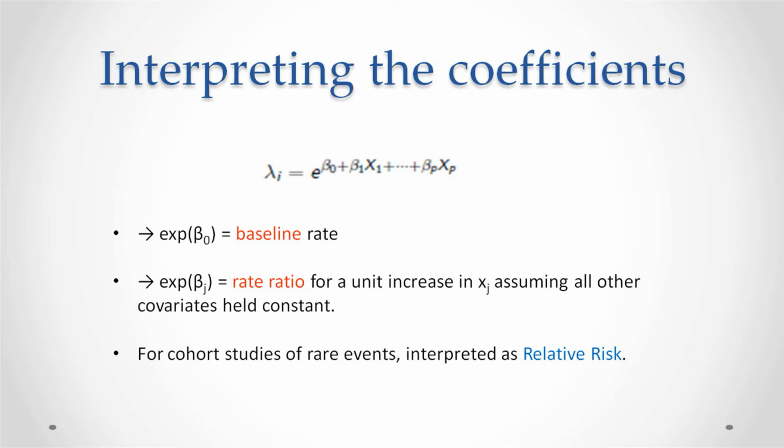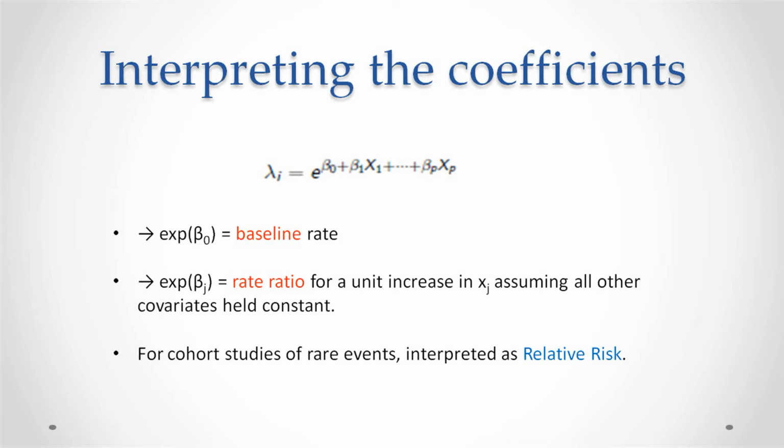In this case, e to the power beta naught turns out to be the baseline rate, where as baseline we consider an individual for whom all the other covariates are set equal to their mean.